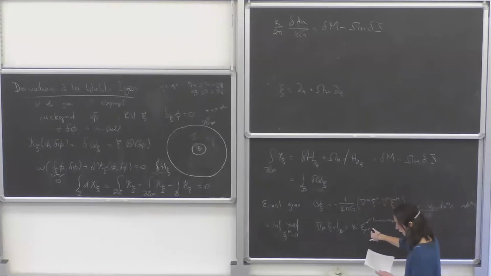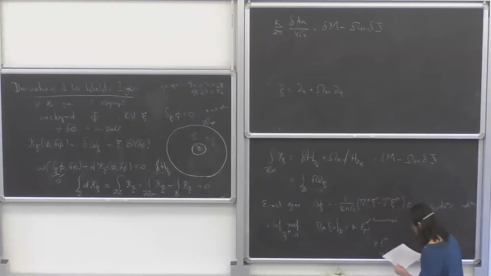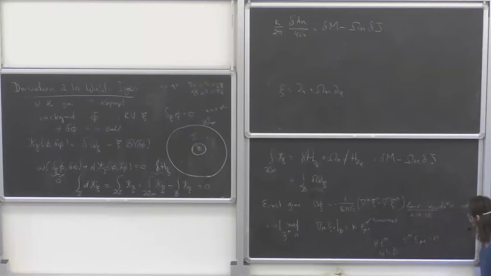So this binormal is something that's antisymmetric, and it has the property that for any t mu which is tangent to B, to the bifurcation surface, you have t mu epsilon mu nu equal to 0. Okay.